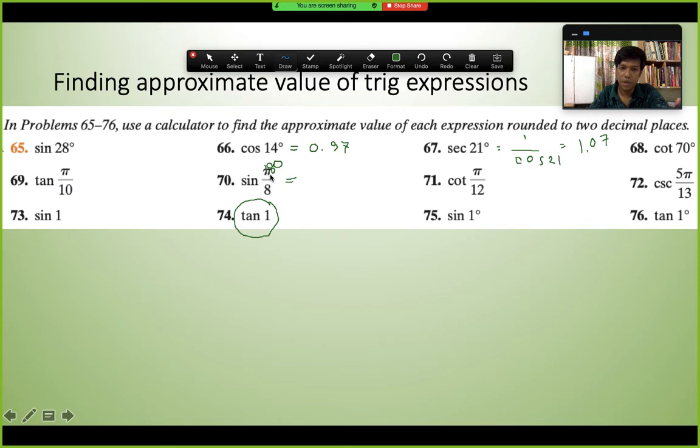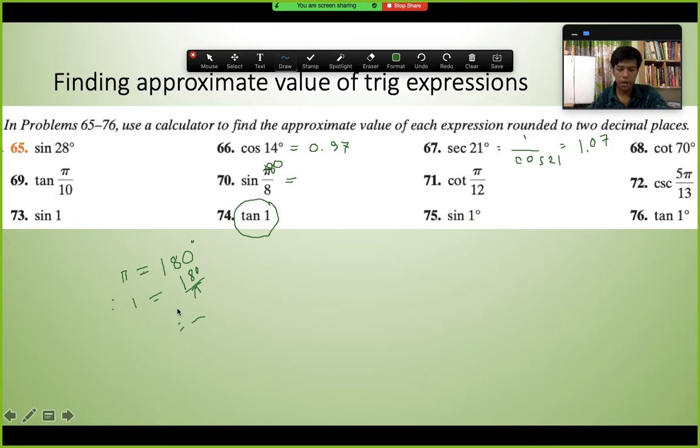That means here we have to do the conversion. We know that pi radians equals 180 degrees. Therefore 1 radian equals what? 1 radian equals 180 divided by pi, and this pi is 3.1416.